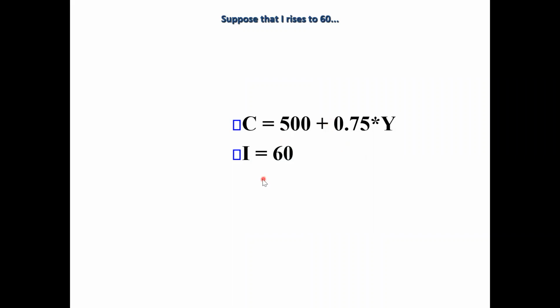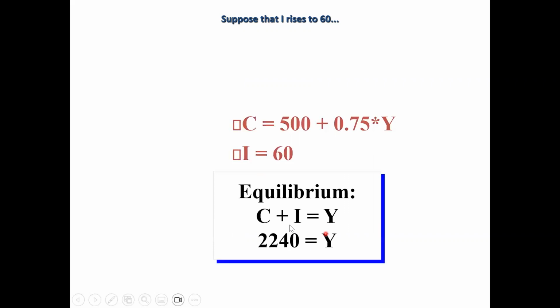We have an equilibrium point where Y is equal to 2,240. Actually, the investment only increased by 10, but the aggregate income increased by 40, which means 4 times the increase in investment, which introduces the concept of the multiplier.